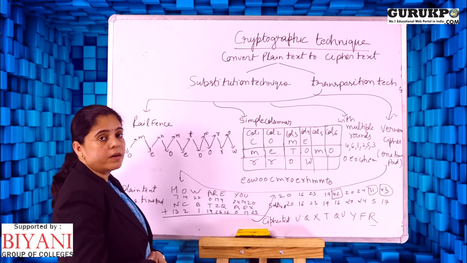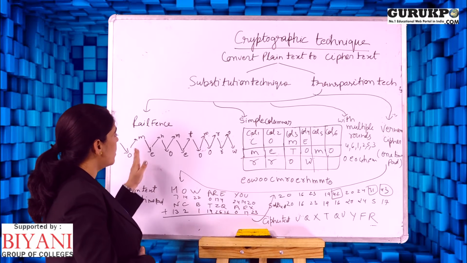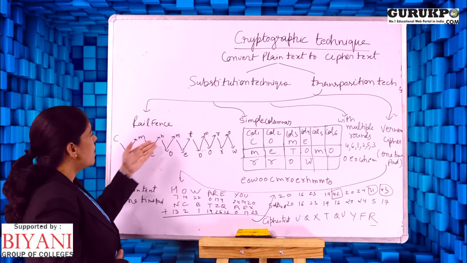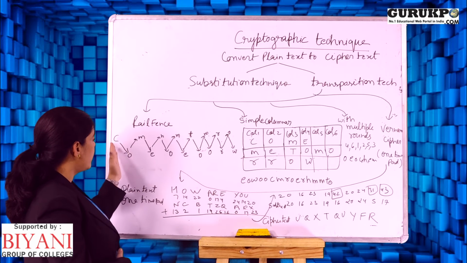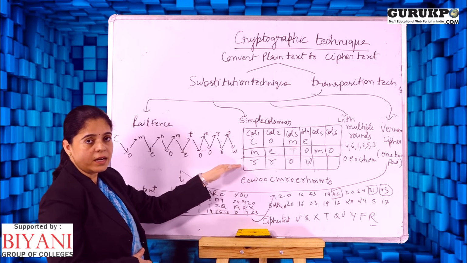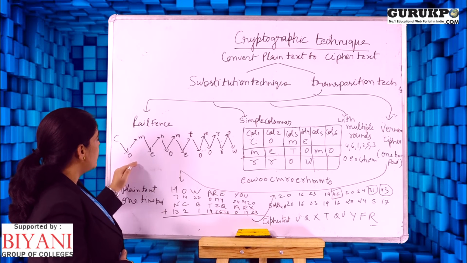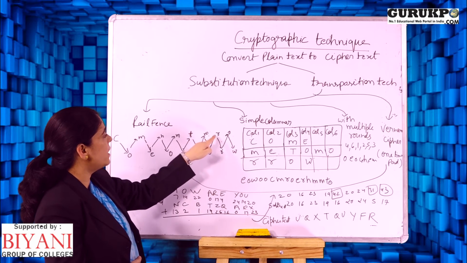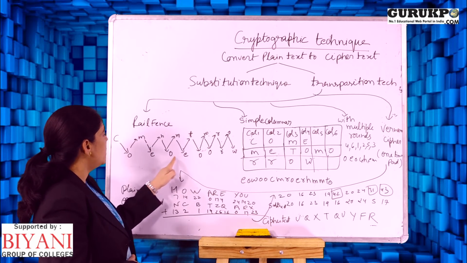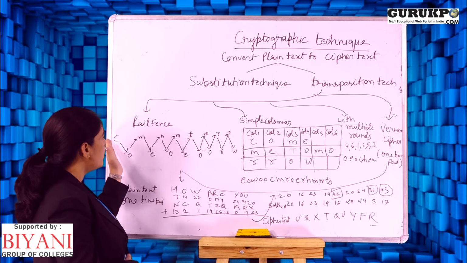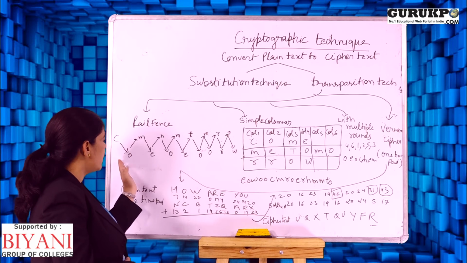So what will we do in the rail fence technique? First we write the plain text diagonally. Come home tomorrow is the plain text, so we write here come home tomorrow diagonally, and the ciphertext will be C M H M T M R O O E O E O O R W. We read from left to right, then again left to right.